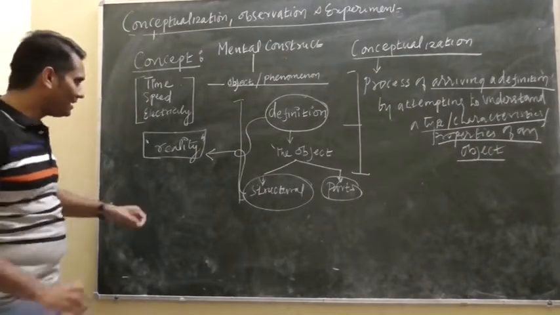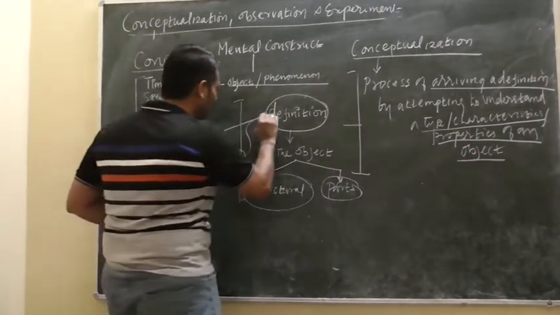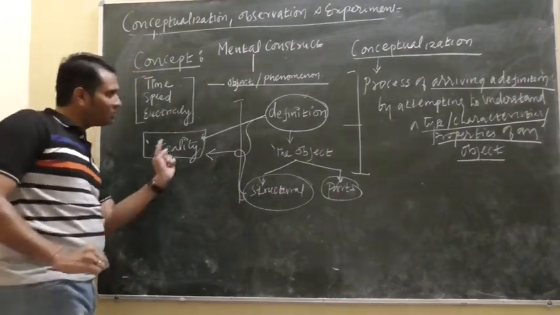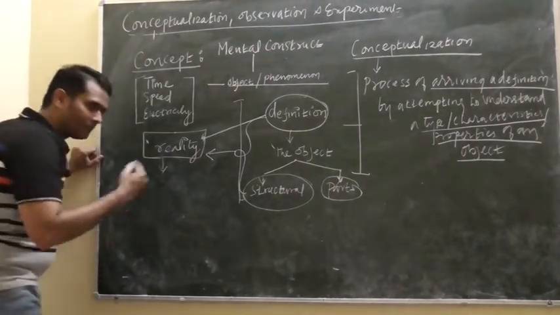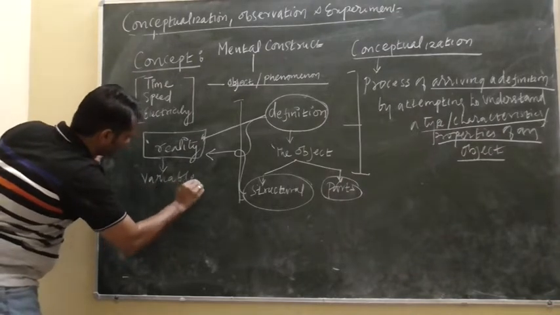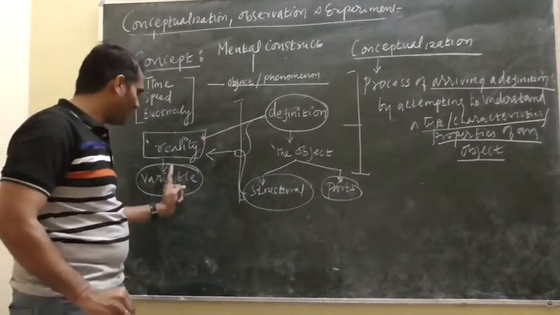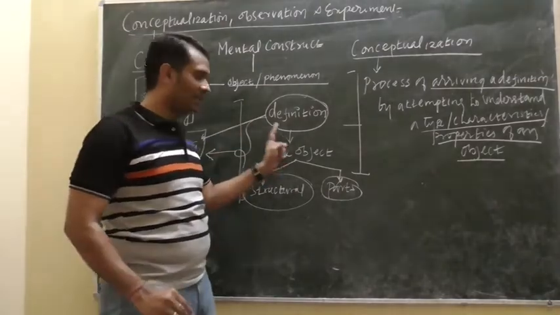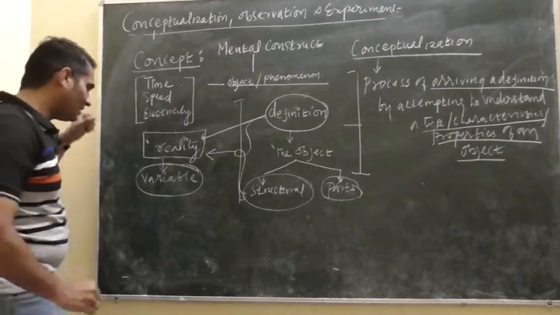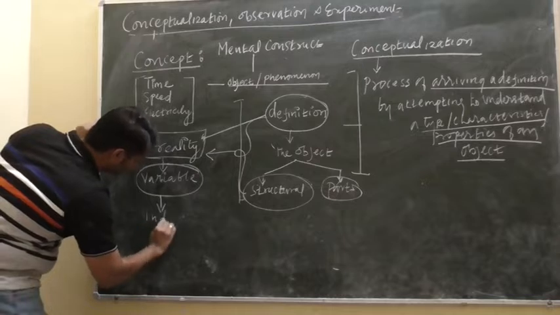So how do you link this definition to the reality? You will be able to link the reality to the definition by the concept of a variable. Each variable would help you to understand the object as well as the concept. The next is, how do you measure this variable? It is an indicator.